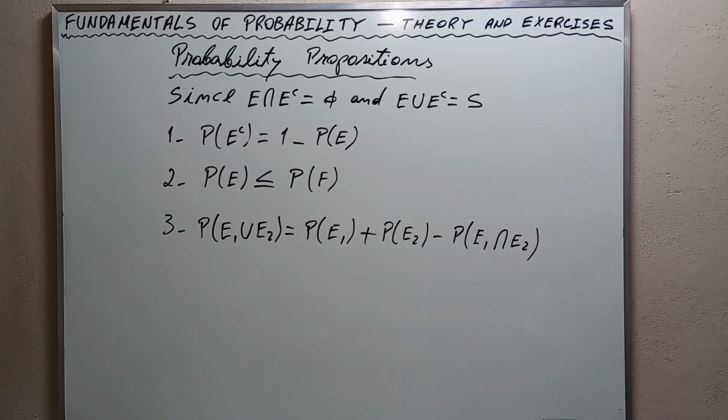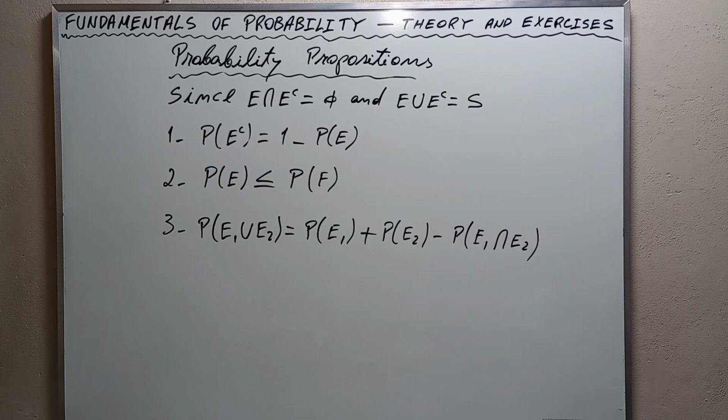Consequently, proposition number 1, the probability of the complement of E is equal to 1 minus the probability of E.